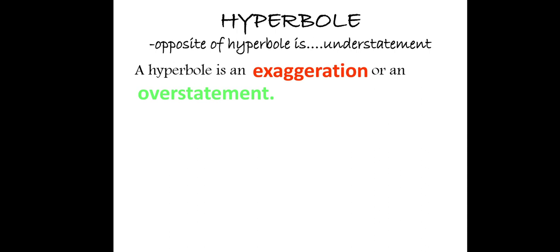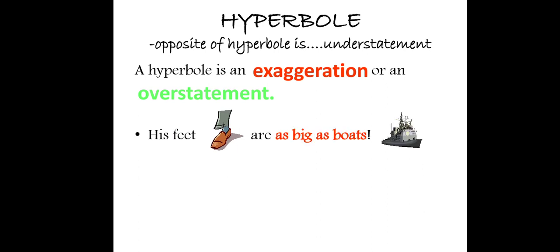The next one, hyperbole. Hyperbole is another figure of speech, and a hyperbole is an exaggeration or an overstatement. How? With the help of examples, we are going to learn. His feet are as big as boats.